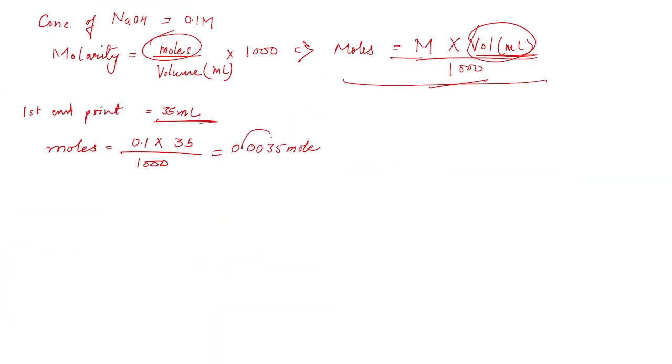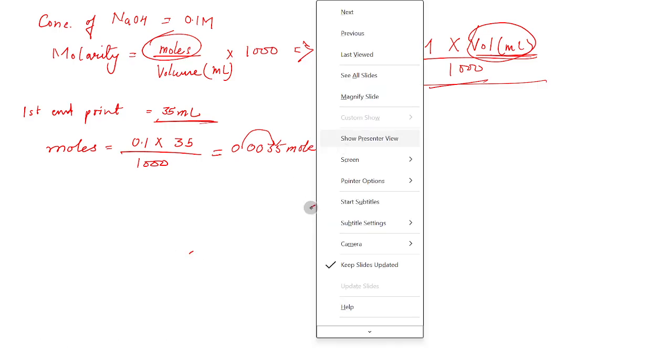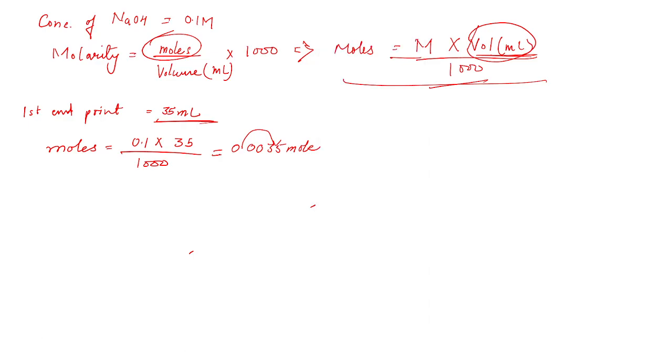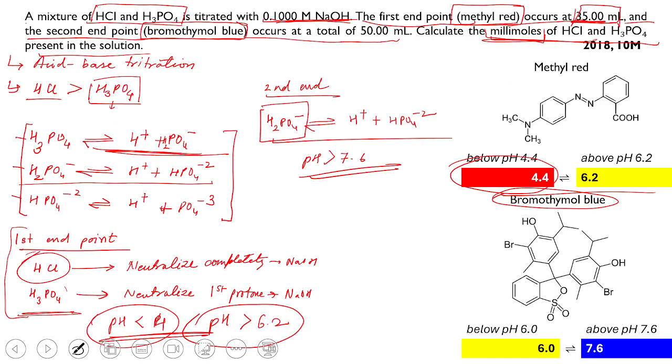So when you shift it, it is going to be 3.5 millimoles, right? And in this 3.5 millimoles, just like I told you, at the first endpoint both HCl and H₃PO₄ are present.